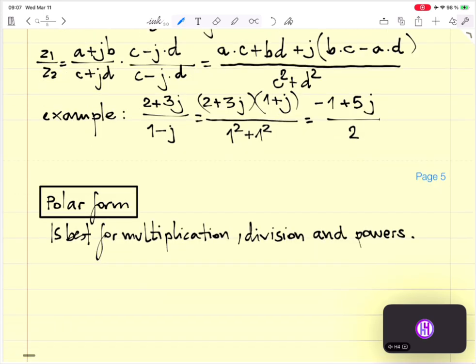So the polar form: z, imagine z is a plus j times b, is not 0. Let r be the module, so root of a square plus b square.